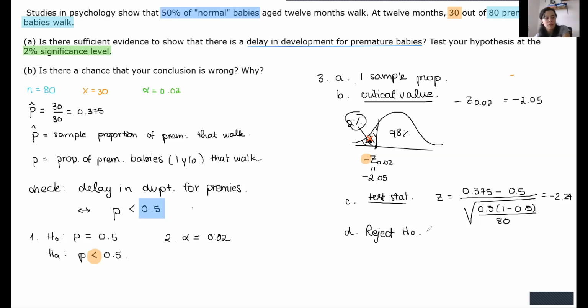So reject the null hypothesis is just like the automatic way of answering the question, but what we're actually saying is that there seems to be enough evidence to conclude, to say that there is a delay in development.